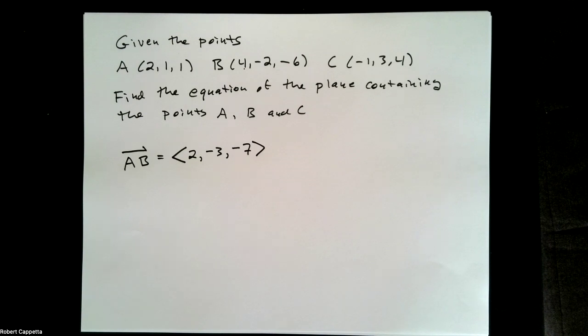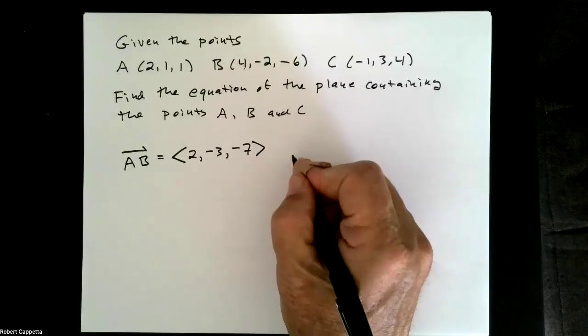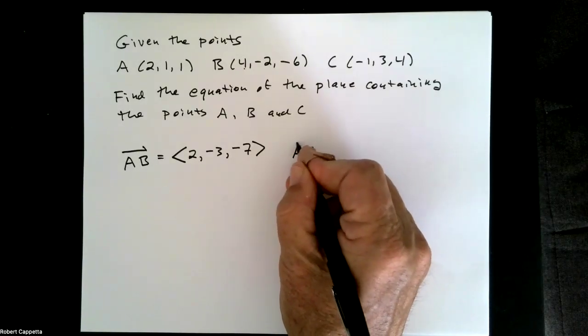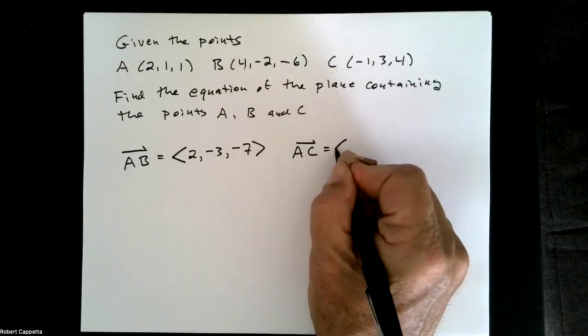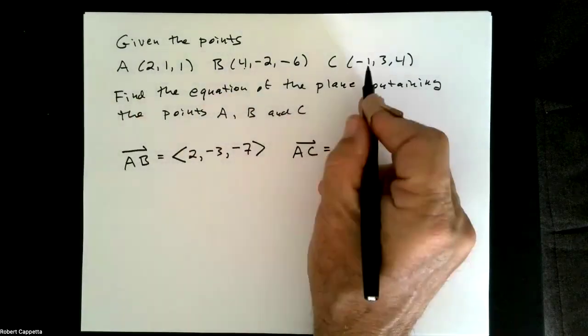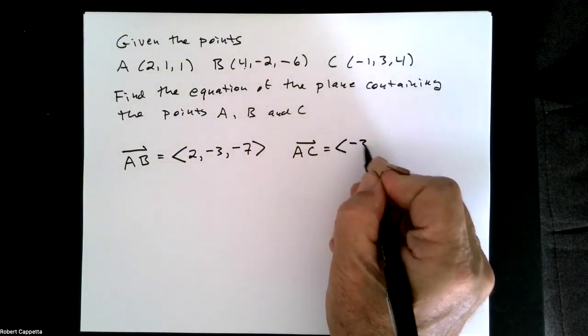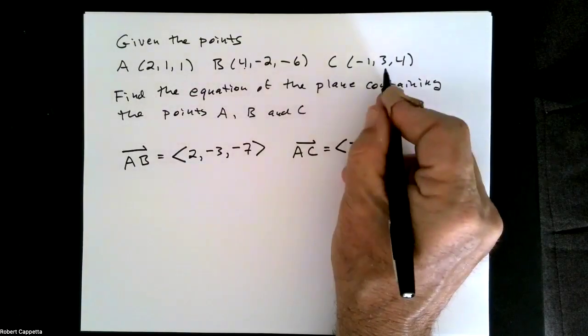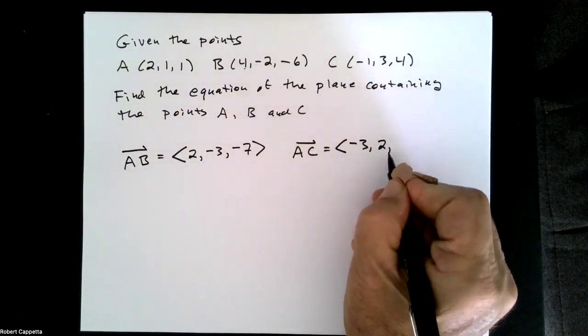And I need another vector in that plane. If I have 2 linearly independent vectors and I take their cross product, that will give me the normal vector to the plane. So what is vector AC, for example? That would be another vector in the plane. From 2 to -1 is down 3. From 1 to 3 is up 2.